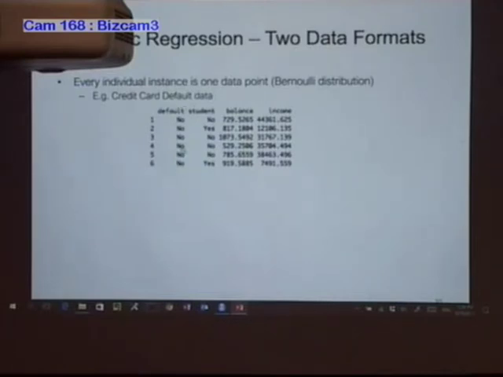The first column is the Y taking value yes or no. Then the rest are X, student, balance, income. Right? An important thing here is every row is one customer. Every row is one customer. The customer eventually defaults or not. Right? So that's a nicer situation, an easier one to work with.